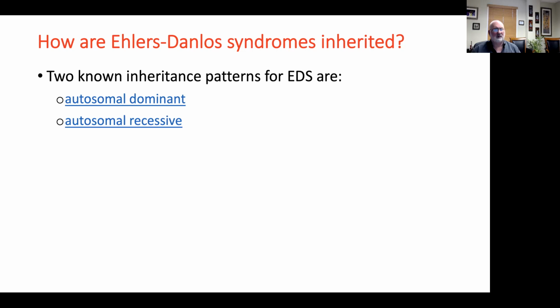Autosomal recessive usually means that each parent gave you an abnormal gene, and so the parents may be completely normal, may have no symptoms whatsoever, but have the gene, and then because you get both genes, you end up having a different type of EDS.